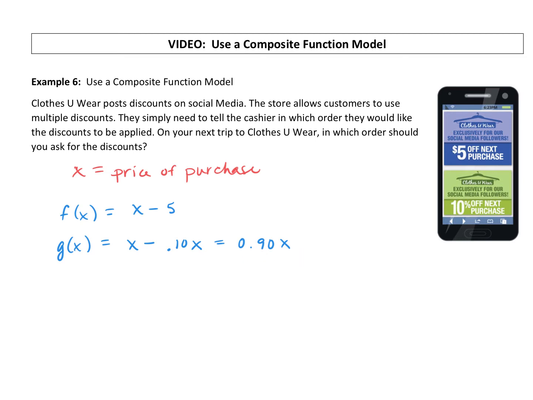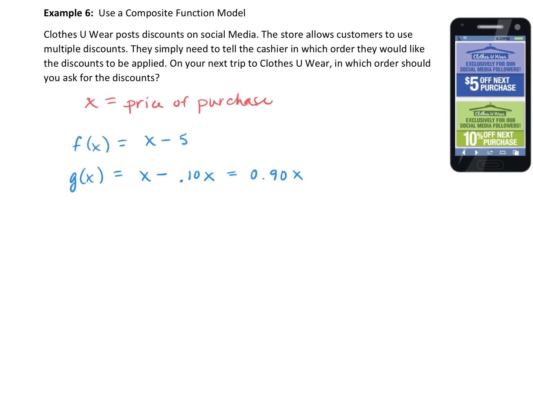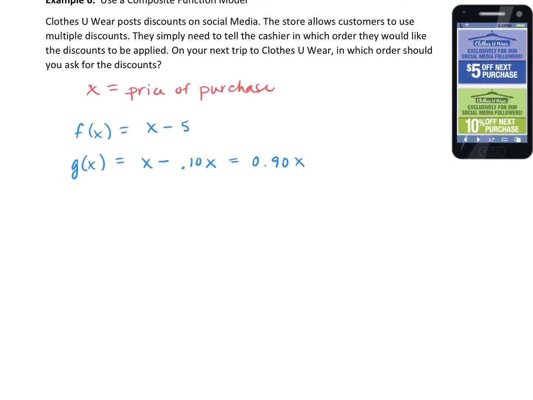Okay, so which order do we want to tell the cashier that we're going to take the discounts? Do we want to do the 10% off and then the $5 off? So let's see what that looks like. If we do 10% off, then $5 off. Just so we're keeping track, the 10% off is our g of x function, and the $5 off is our f of x function.